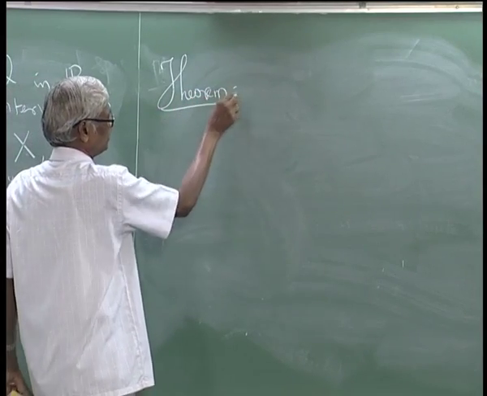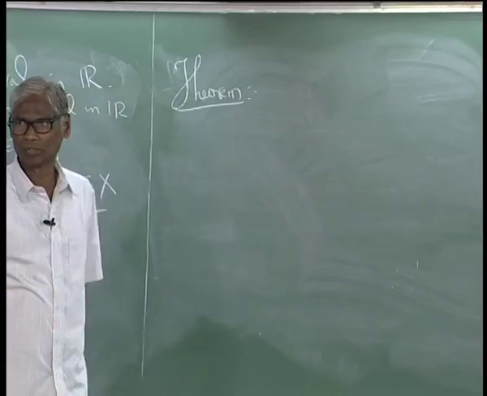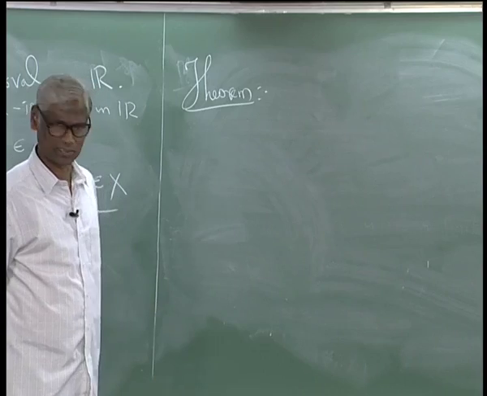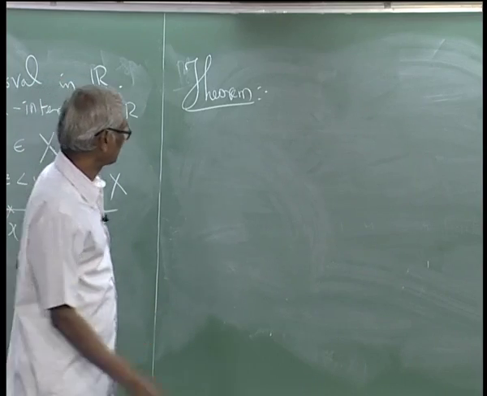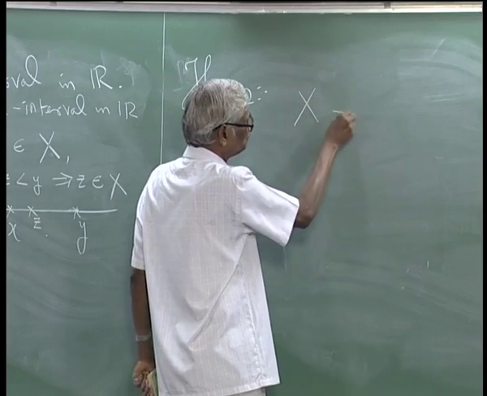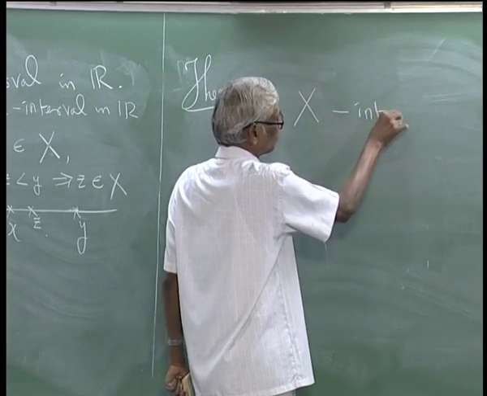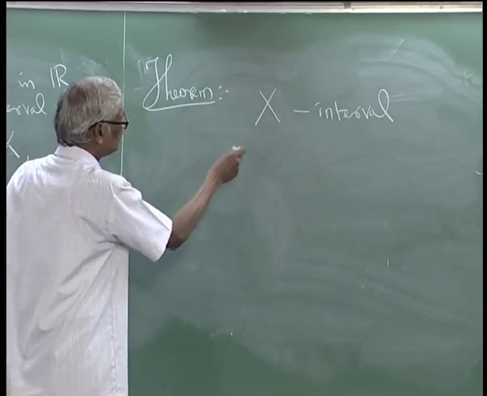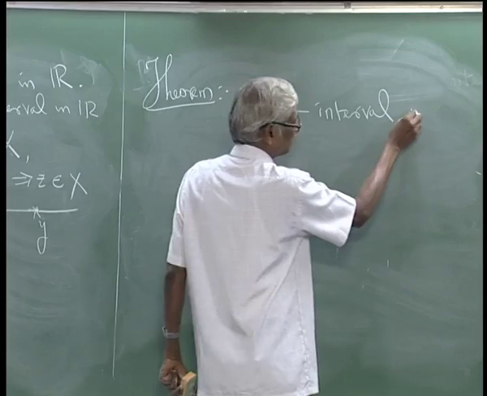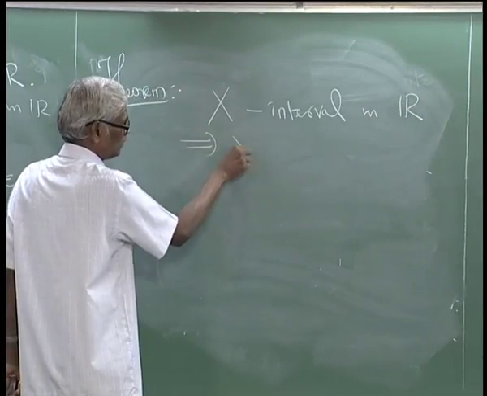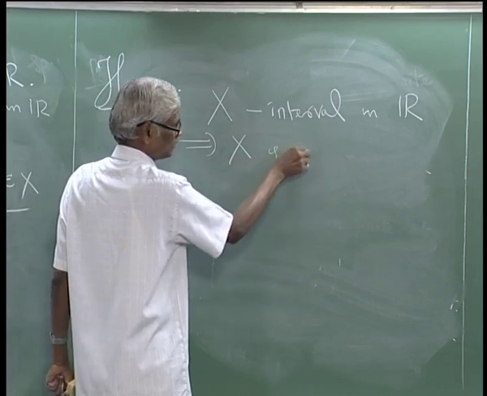Geometrically what we feel is that if there is no gap between members of the set X, then it is connected. So, X an interval in R implies X is connected.